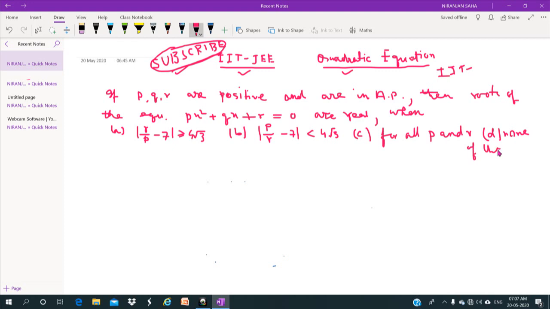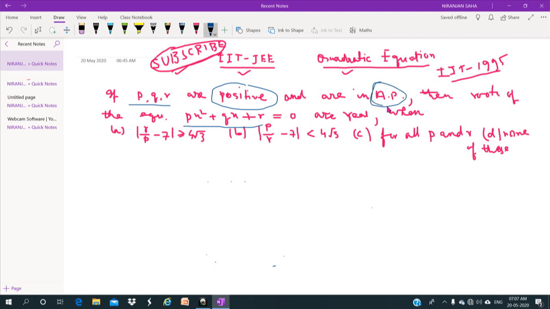It is again asked in IIT, in 1995. So let's see its solution. Here the coefficients of the quadratic equation, p, q and r, are all positive, never negative, and are in arithmetic progression.